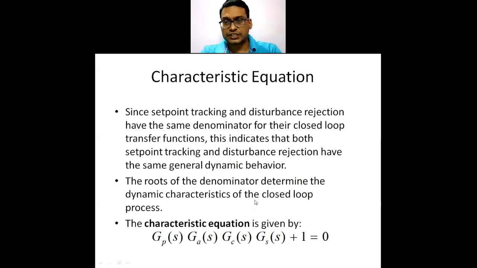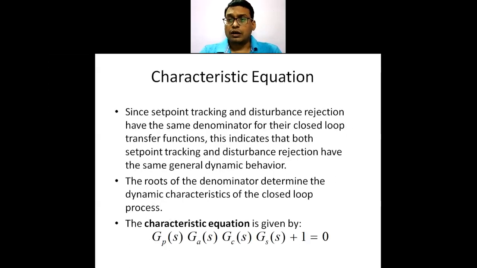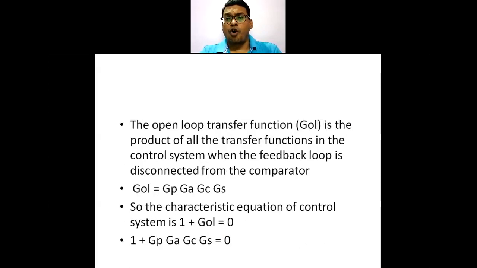The characteristic equation is given as 1 plus the product of all transfer functions in the control system. That is called the open loop transfer function. The open loop transfer function GOL is the product of all transfer functions in the control system when the feedback loop is disconnected from the comparator.